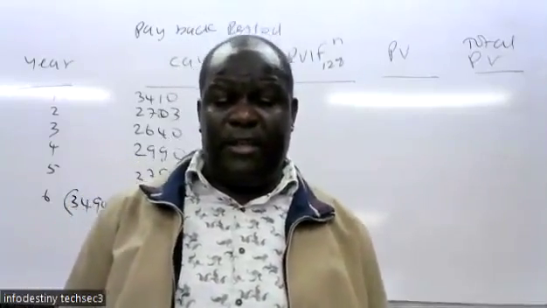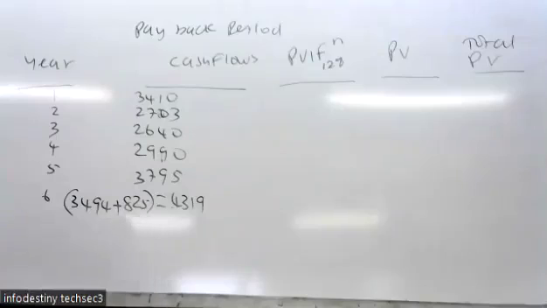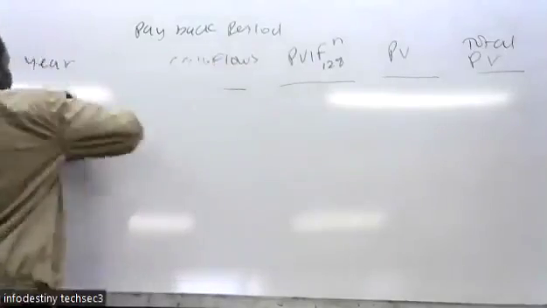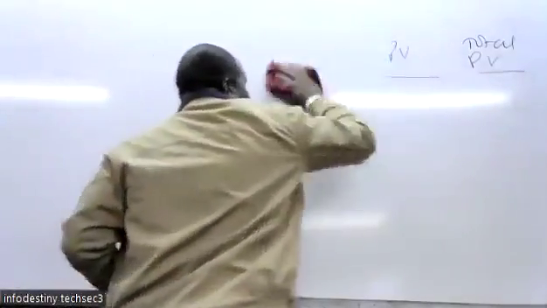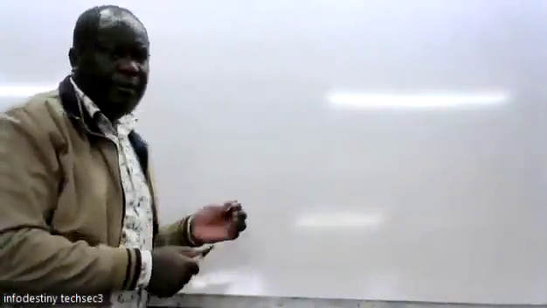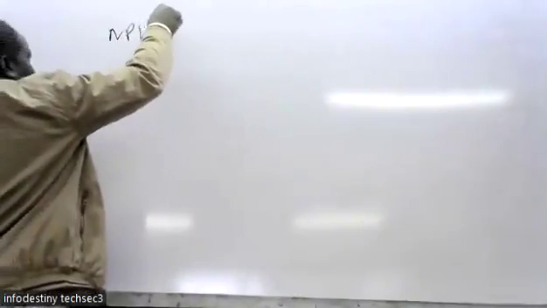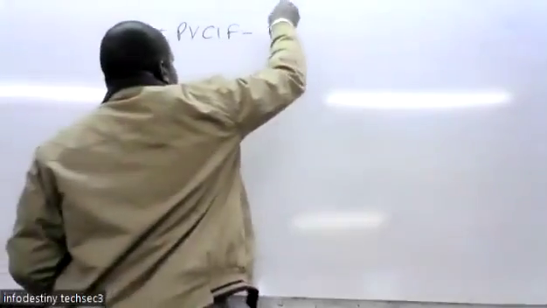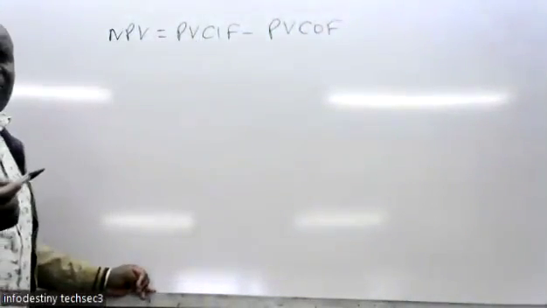And it is calculated as follows. NPV is supposed to be given by present value for the cash inflows minus the present value for the cash outflows.